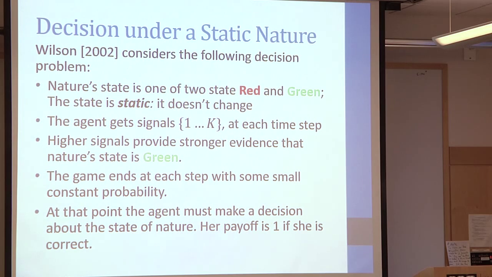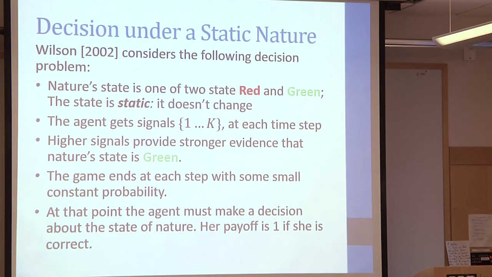He knows the distribution. So if the agent was unbounded, as Yaron pointed out, this would be very simple. Just collect all the information, do some Bayesian inference, and make the best decision given that. So if an agent was unbounded, it's very simple what you should do here. Not a very complicated model. Are red and green equally likely a priori? Yeah.